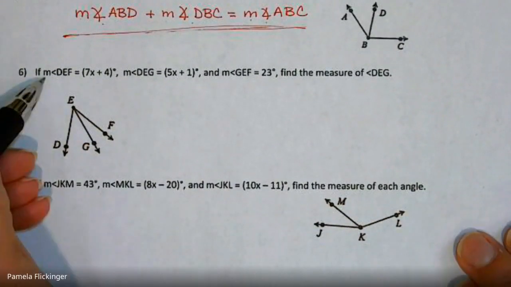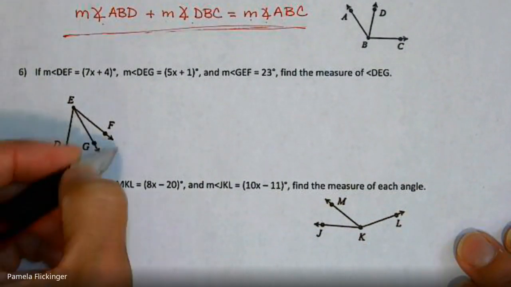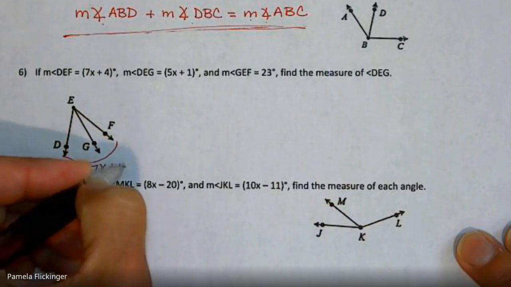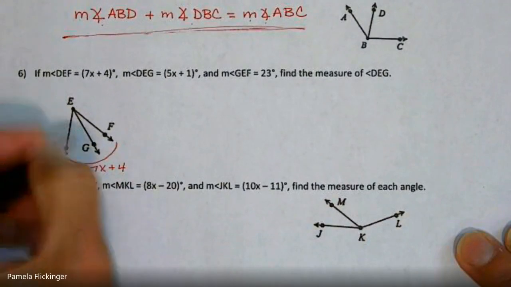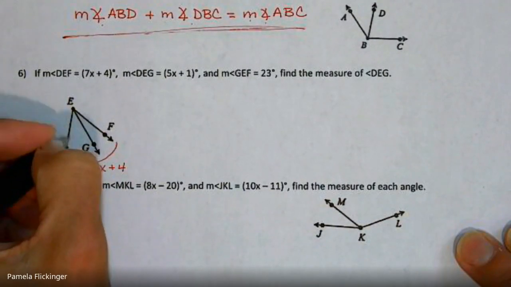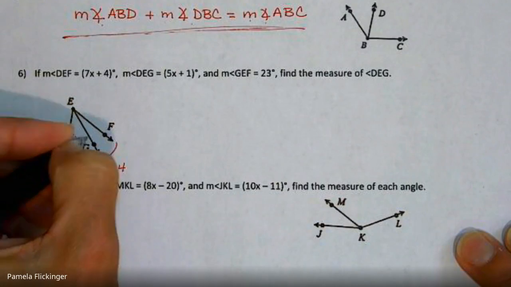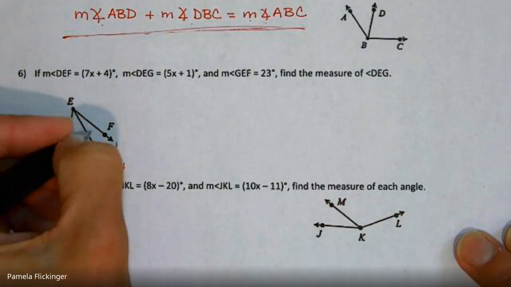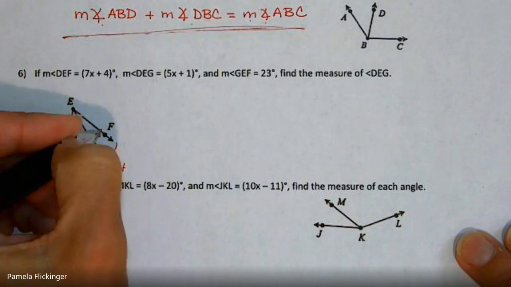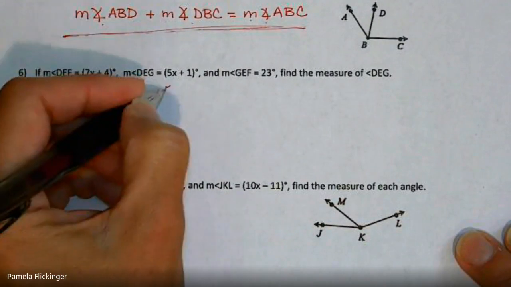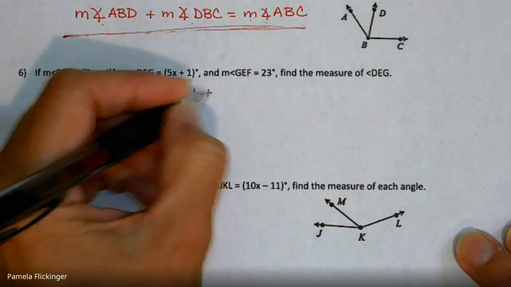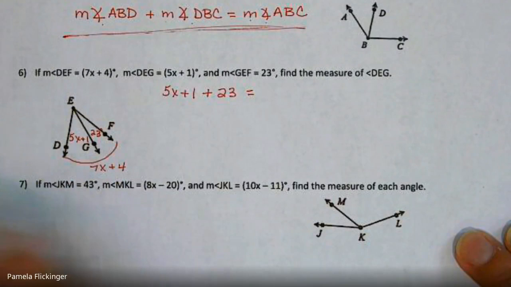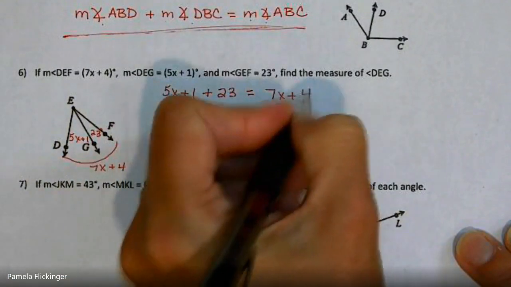So we're told the measure of angle DEF, which is the two together, the big one, is 7x plus 4. The measure of angle DEG is 5x plus 1, squeezing that in there. And then the measure of angle GEF is 23. So when you look at this it's going to be 5x plus 1 plus 23 will equal the two together, 7x plus 4.